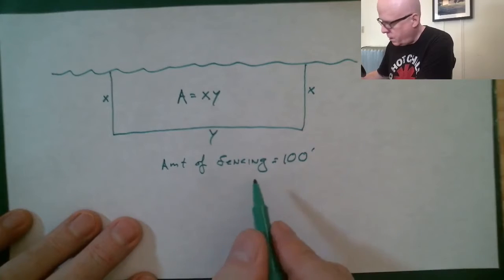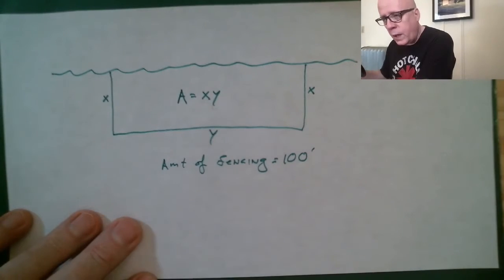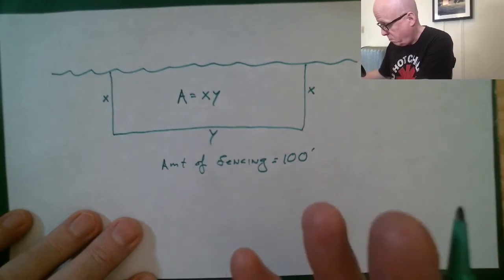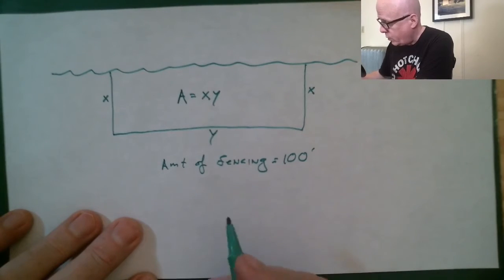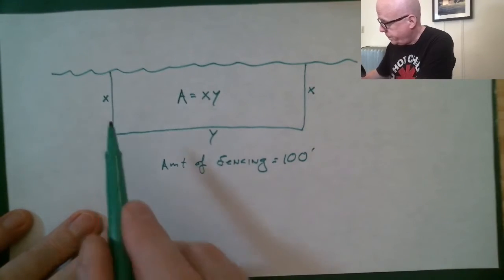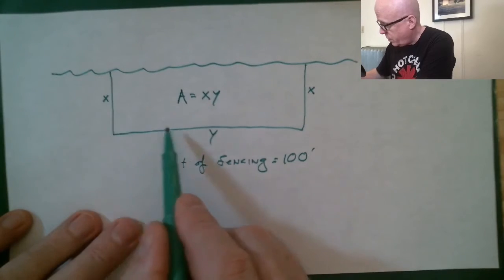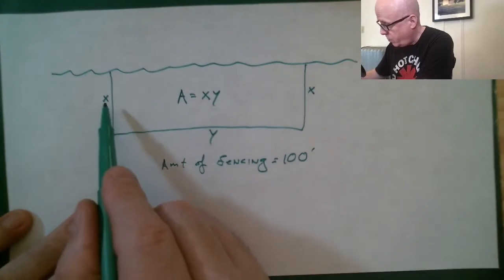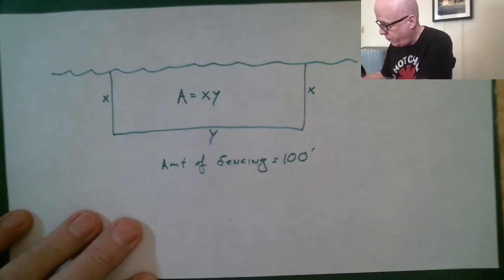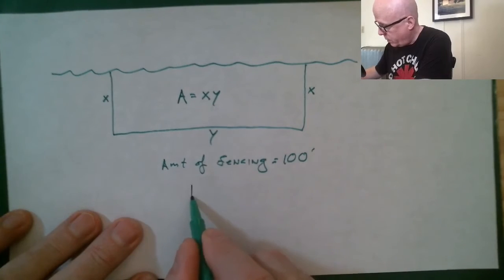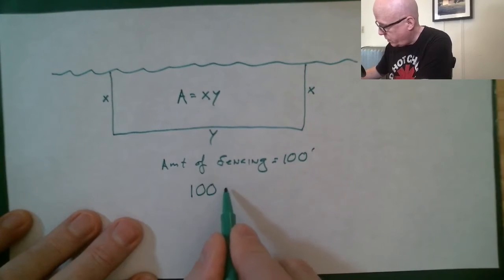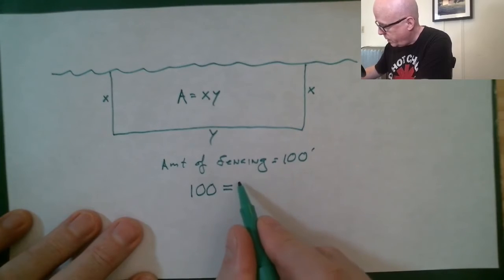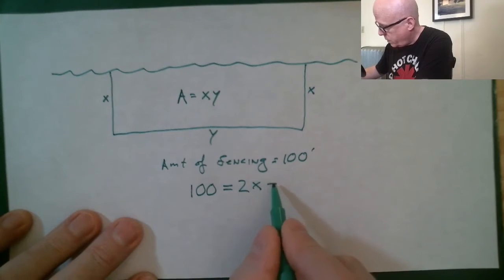So this is our constraining condition, and it'll let us write an equation that we can use to further solve the problem. The amount of material used in this thing in the abstract is you've got two pieces of length x and one piece of length y. So that is the constraint that we can work with. 100 equals 2x plus y.